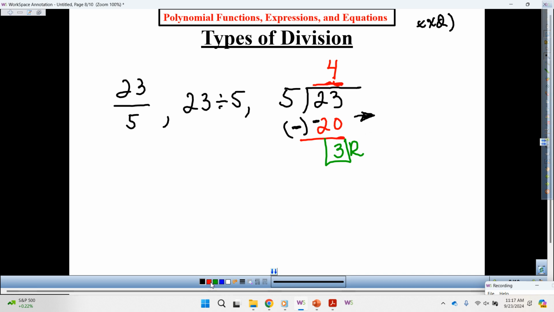Yeah, the answer was what? 4. However, don't we have a fraction? Yeah, because there's a remainder, so we write a fraction. The remainder goes on top, and this guy goes on the bottom, and this is my answer.